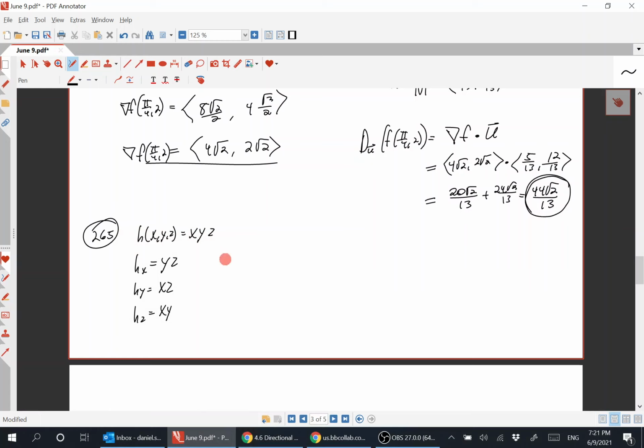So the gradient of h is equal to (yz, xz, xy). So that's the gradient of h for x, y, z.